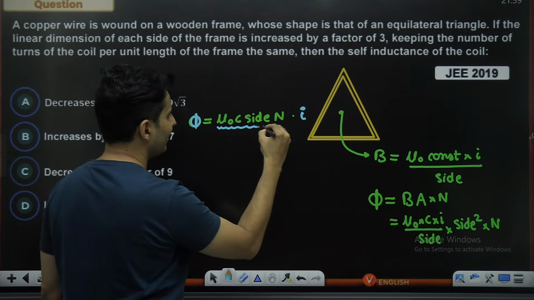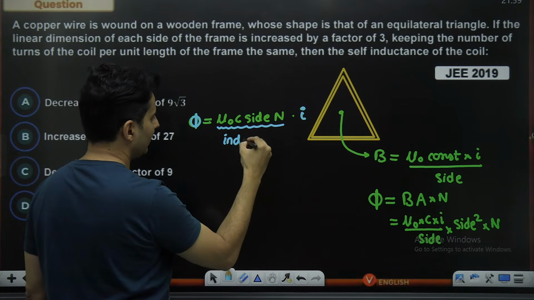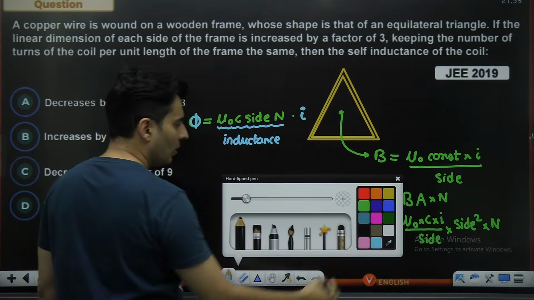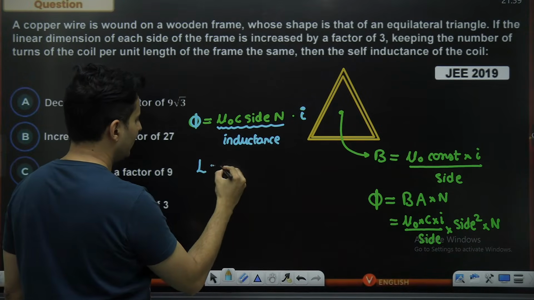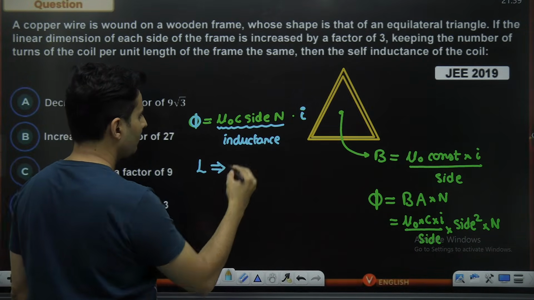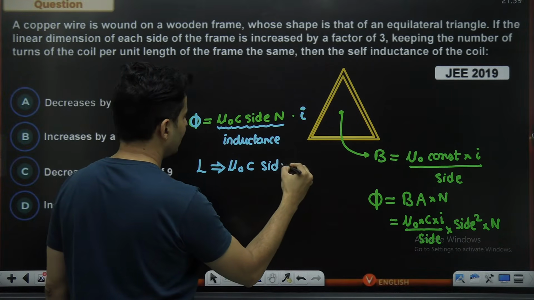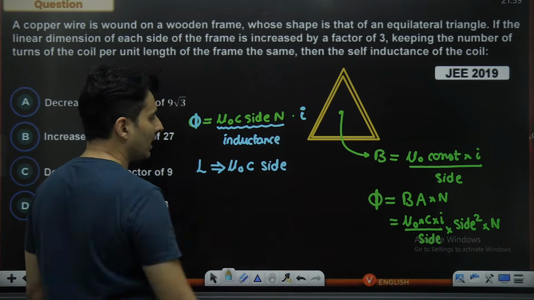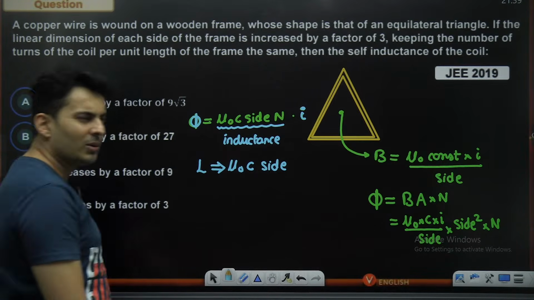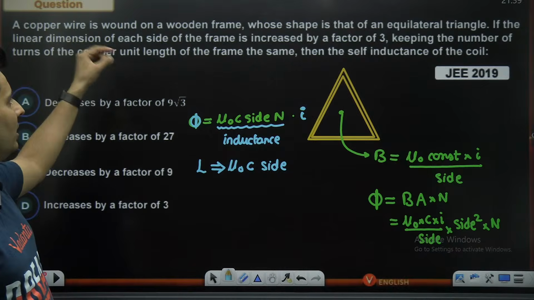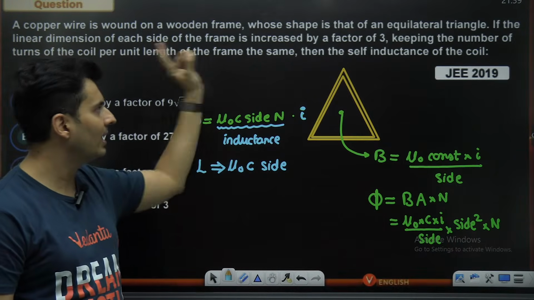So whatever this is, this is my inductance. So if you ask me what that inductance is dependent on, mu naught is there, constant is there, side length is there, and the total number of turns are there. What do you think will happen to the total number of turns, keeping the turns of the coil per unit length of the frame the same?